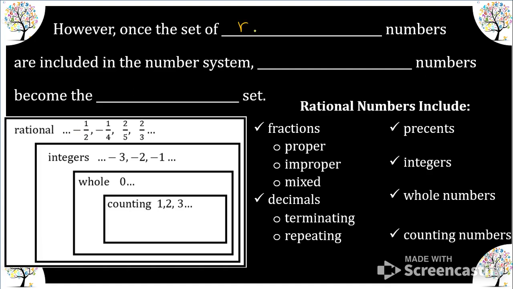So once we add the rational numbers, they become our least excluded and our largest set. So rational numbers include the fractions, integers, whole numbers, and counting numbers.